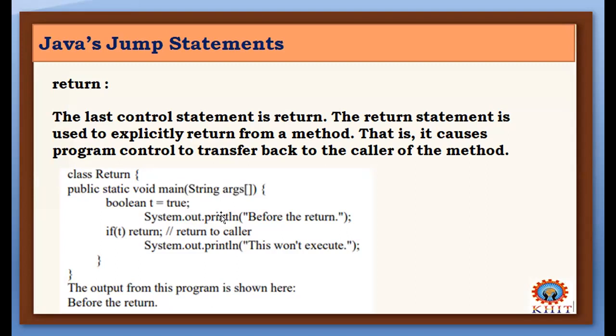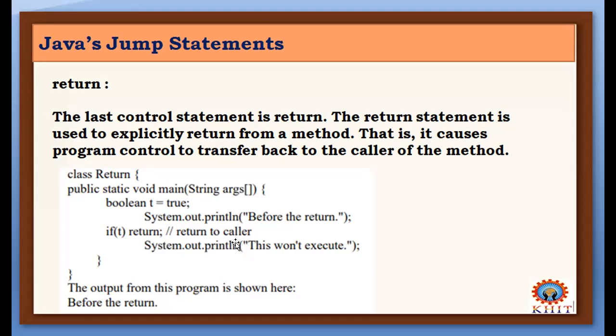The system.out.println before the return. If t, if t ante what is the value of t? True. So if t అయితే, true అయినప్పుడు ఏమవ్వాలి? Return to the caller, పైకి వెళ్ళిపోవాలి. కాలర్ ఎవరు? ఇక్కడ మనకి కాల్ చేసింది ఎవరు? మెయిన్. సో మెయిన్ కాల్ చేసింది కాబట్టి మెయిన్ దగ్గరికి వెళ్ళిపోయింది. And then ఈ స్టేట్మెంట్ ఎగ్జిక్యూట్ అవ్వదు.